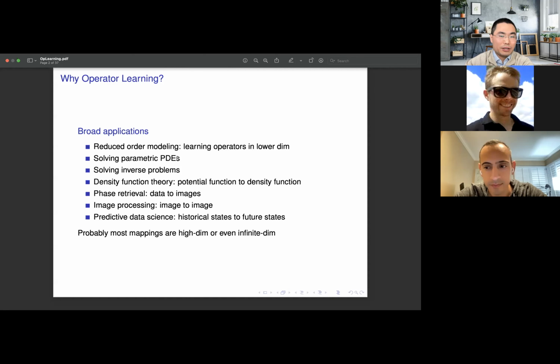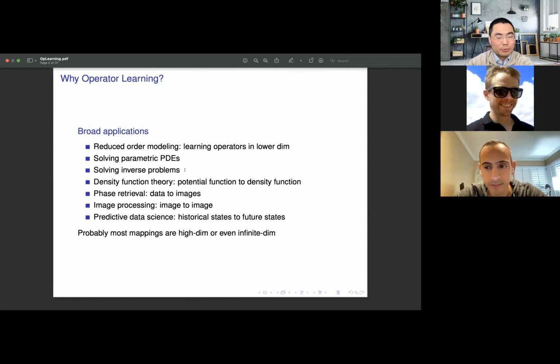So if we have learned this operator, then we can have a very efficient way to solve parametric PDE, in the sense that if you have a new parameter function in the PDE, then you just input it into your learning algorithm, and it can efficiently output the solution of the PDE. Typically, we can build a neural network to learn this operator so that you can just apply the neural network once, then you can solve the PDE.